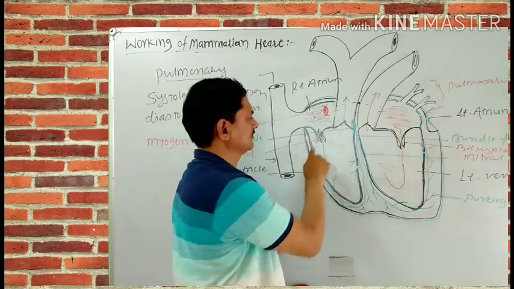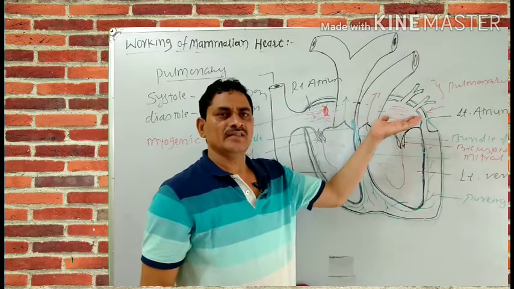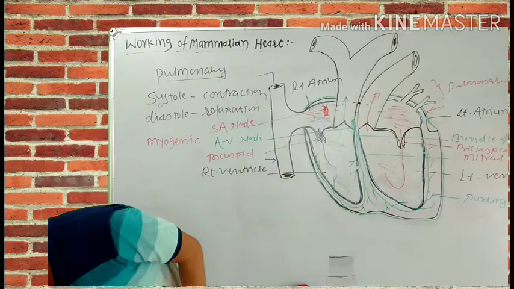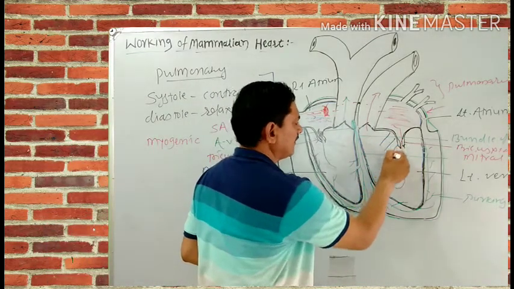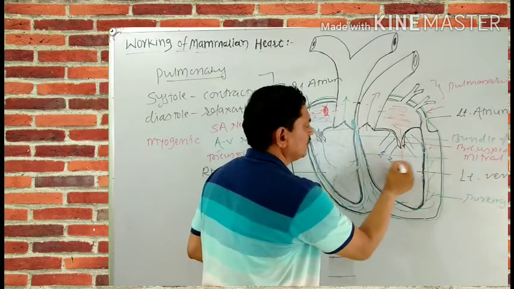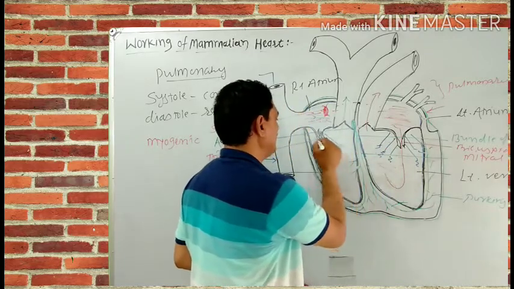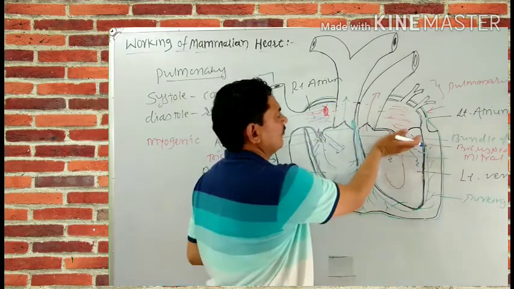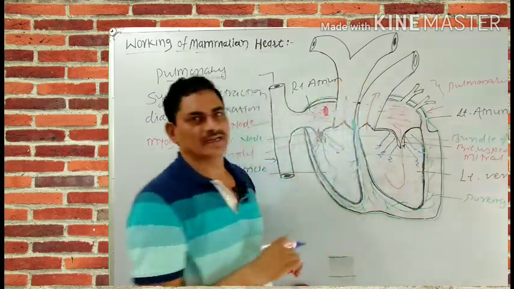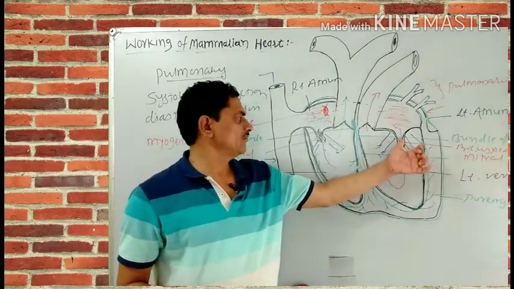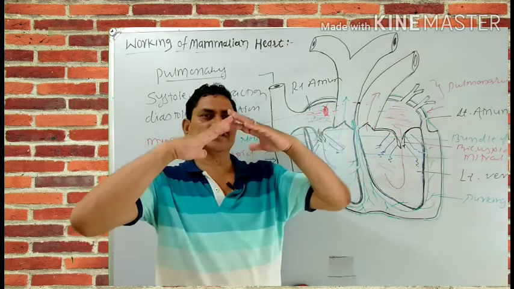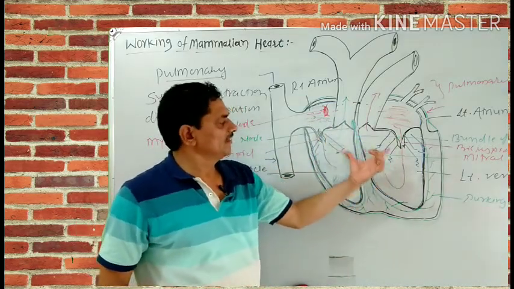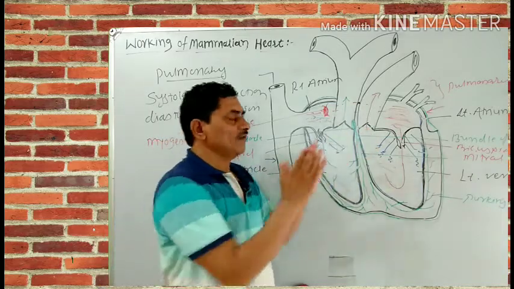Both the bicuspid valve and the tricuspid valve go up, but they do not flap up much more, because here are the chordae tendineae. These chordae tendineae, or tendinous chordae, are attached to the wall of the heart. So these chordae tendineae prevent the bicuspid valve and tricuspid valve from going more upwards into the atrium. Therefore, these valves open like this and close like this, open, close, open, close. Such opening and closing occurs when the ventricle contracts.